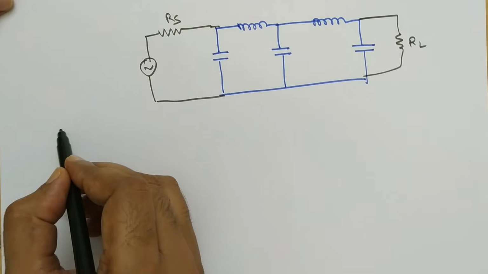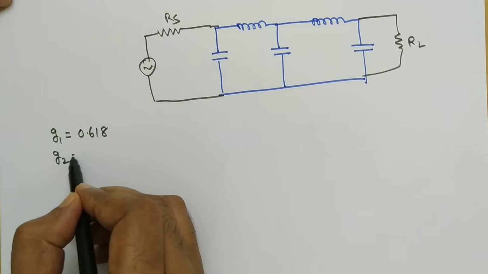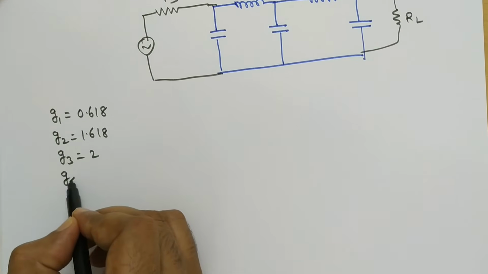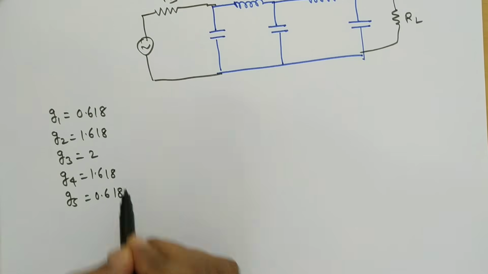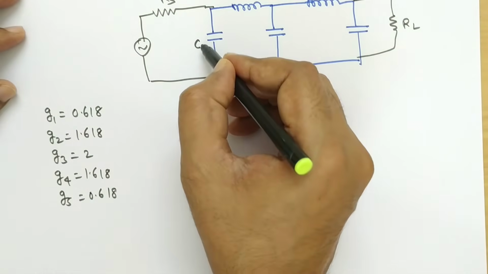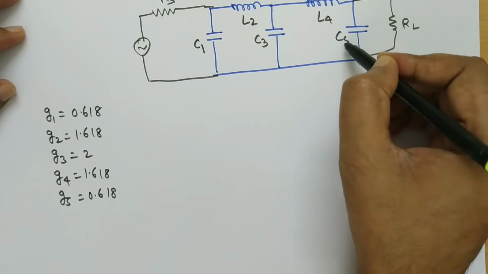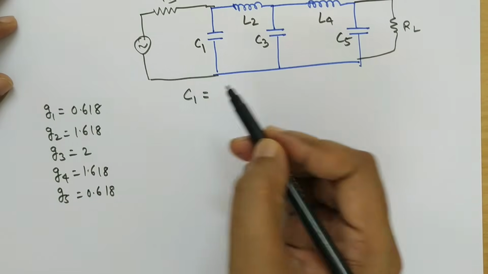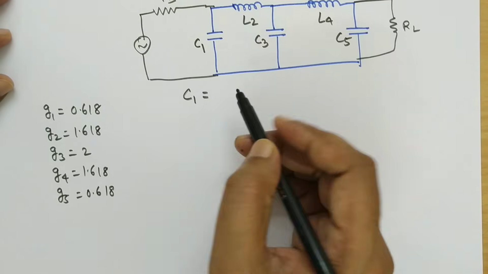and we know that G1 is 0.618, G2 is 1.618, G3 is 2, G4 is 1.618, G5 is 0.618. Based on this, we will calculate the values of C1, L2, C3, L4 and C5. So for C1, we'll take the G1 value divided by the impedance and frequency.